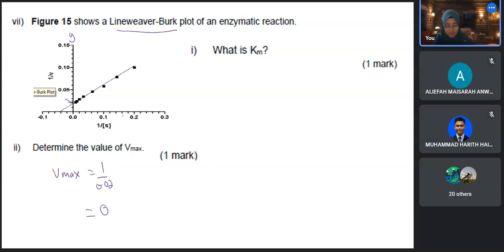Jawapan dia berapa? 50. In this case dia tak bagi unit, tapi kalau dalam soalan dia bagi unit, you have to write the units for the rate of reaction. Sama juga kalau soalan dia suruh cari value Km, bagi unit juga.